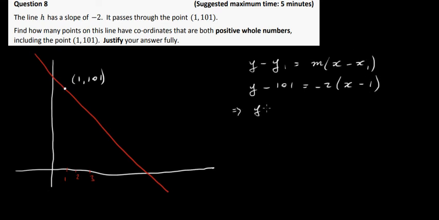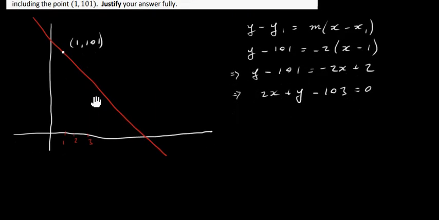So we get y minus 101 is equal to minus 2x plus 2. That'll give me 2x plus y minus 103 is equal to 0. So this is the equation of this line.